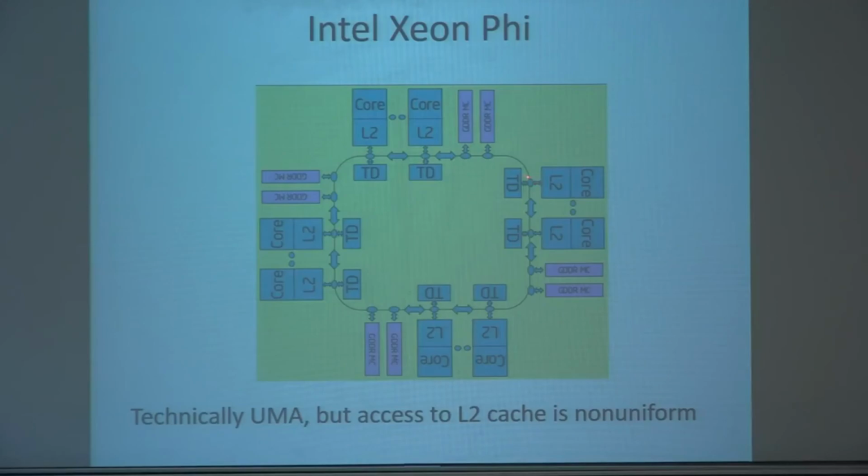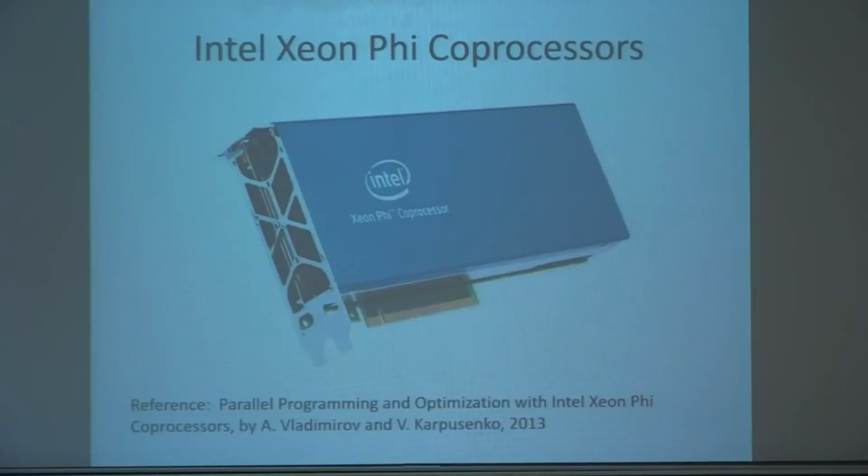And if you want to access main memory, your request goes to one of these memory controllers, also on the ring bus, out to main memory, which is on the card. So it has some main memory, something like 8 or 16 gigabytes.